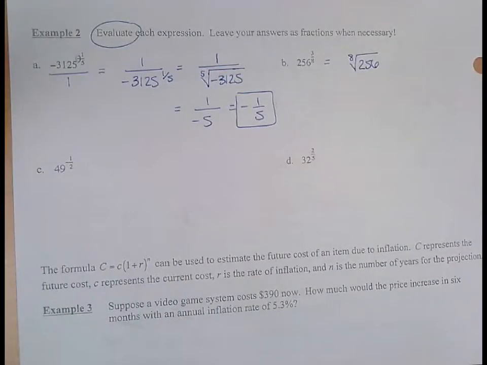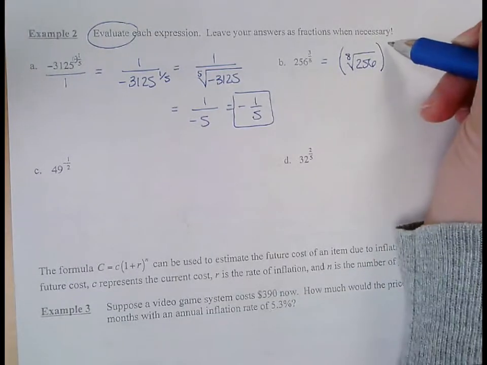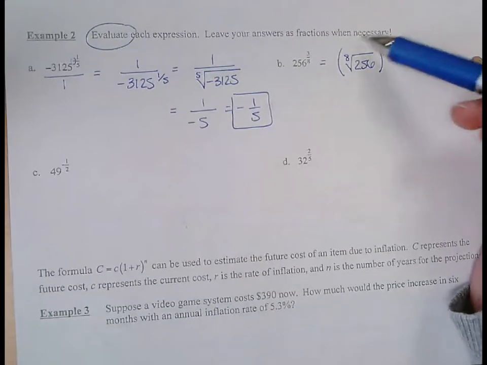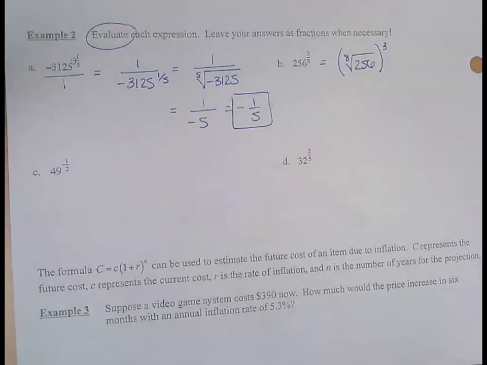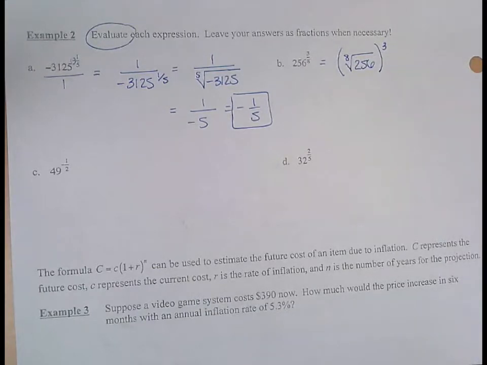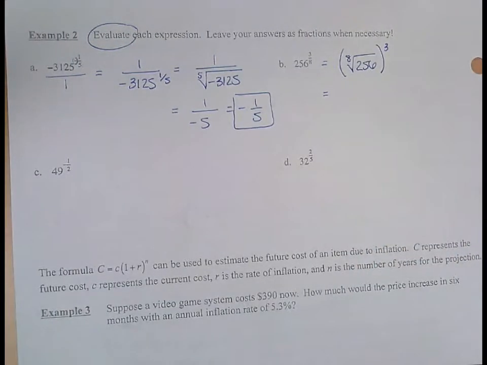How I usually work through these is I would take the 8th root and then take that entire quantity and raise it to the 3rd power. So I choose this notation to write it. Not that you couldn't use the other notation with the cube just on the 256. But this way, I would find the 8th root of 256 first.